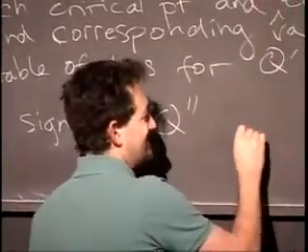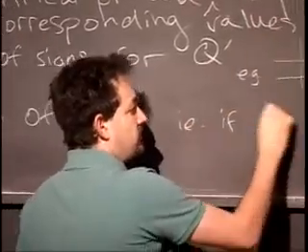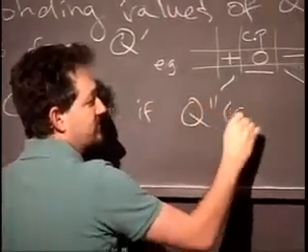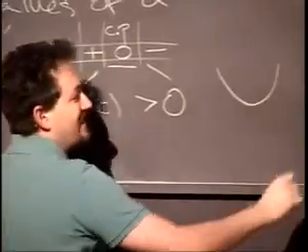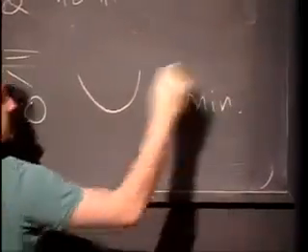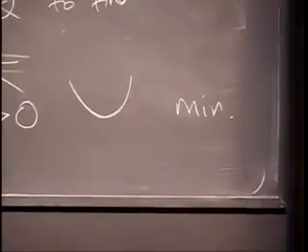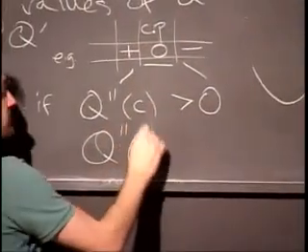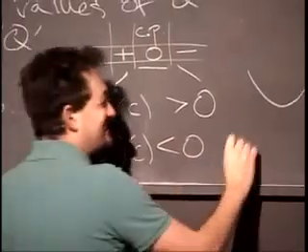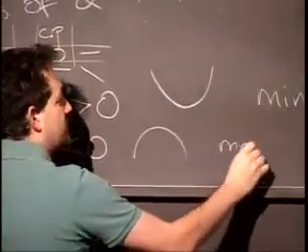Remember, if Q double prime at the critical point C is positive, this means that the curve is concave up and you have a minimum. And again, if there's only one minimum, it must be the minimum. If, on the other hand, Q double prime of C is less than 0, it's concave down and you have a maximum.